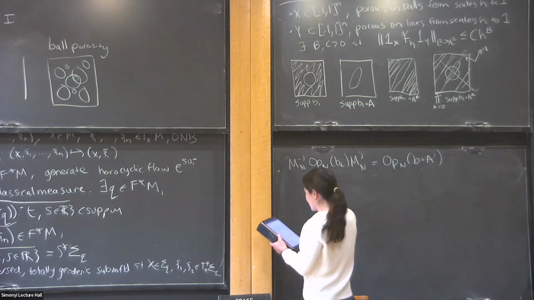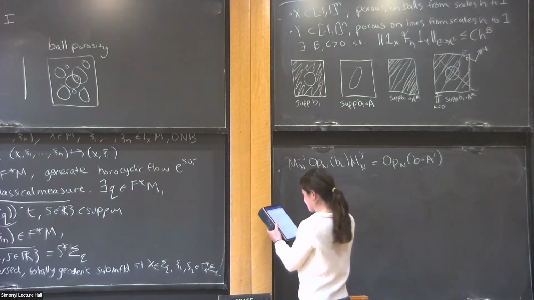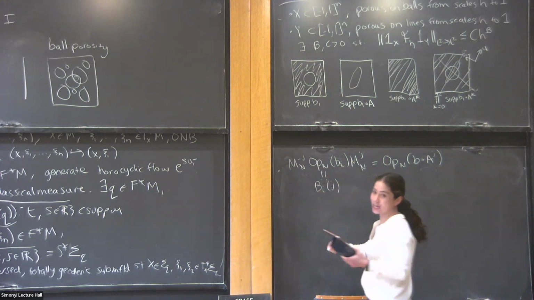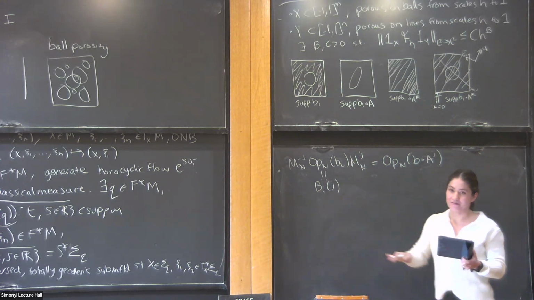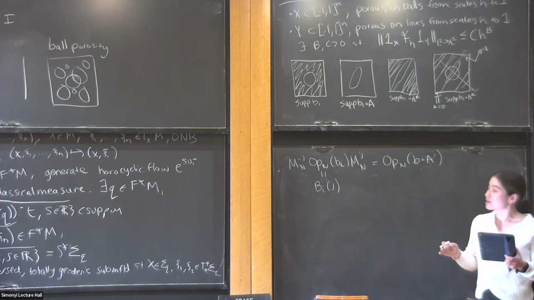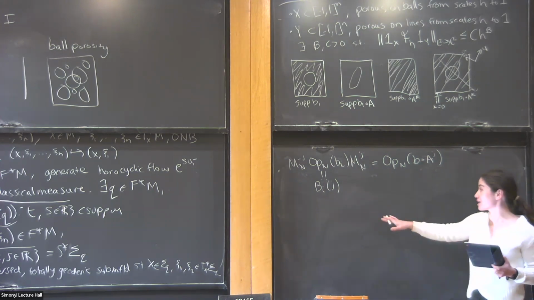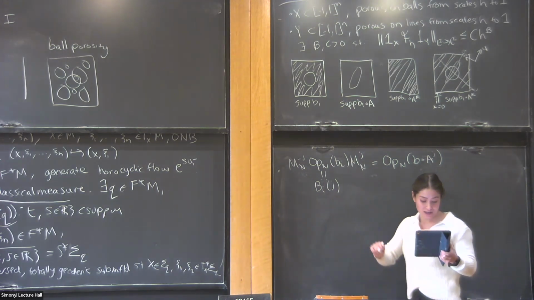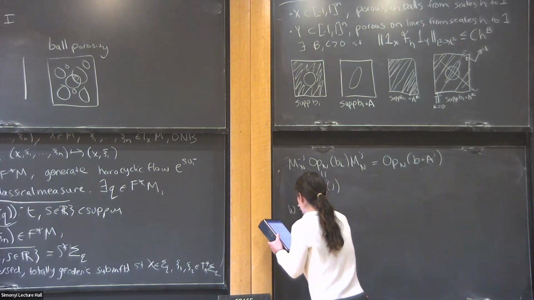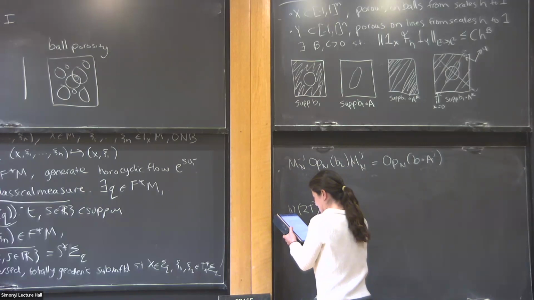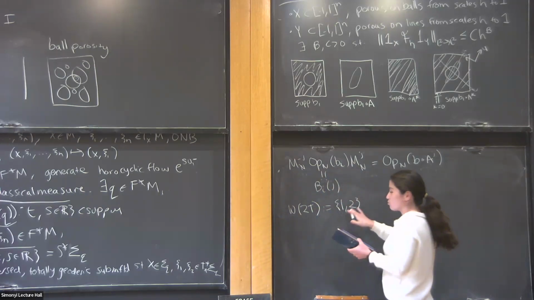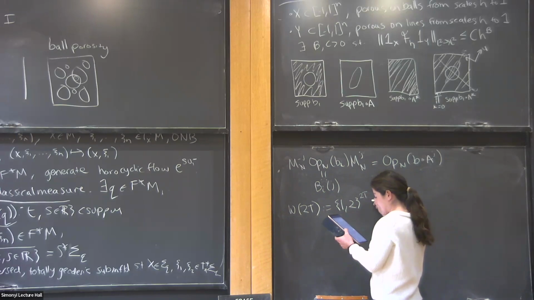So I will define this as B_ij. It's this propagated version of our operator. And then what we want to do is take products of these operators. So to do that, I'm looking at the set of words of length 2t. These are words with letters 1 or 2 of length 2t.